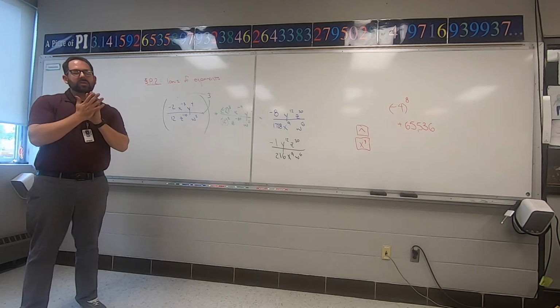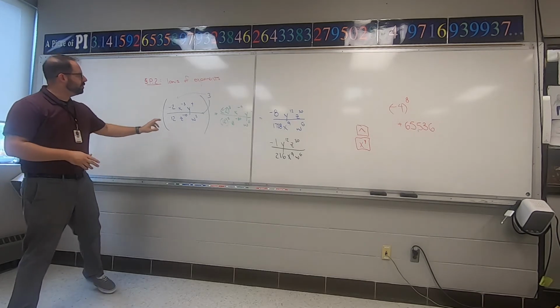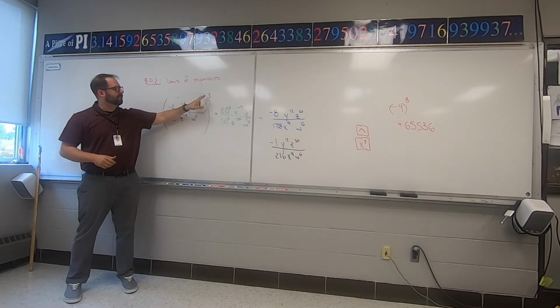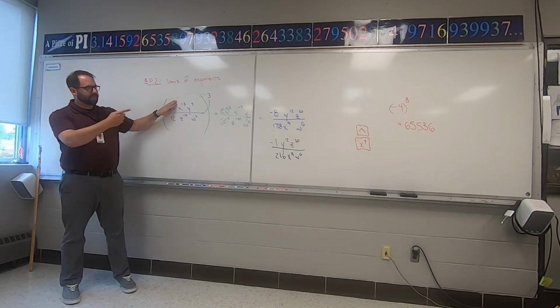The reason I bring that up is that there are going to be one or two problems where you have to do something like this, where you have to distribute the power, let's say the power is an 8, on a negative 4, like that problem up there.